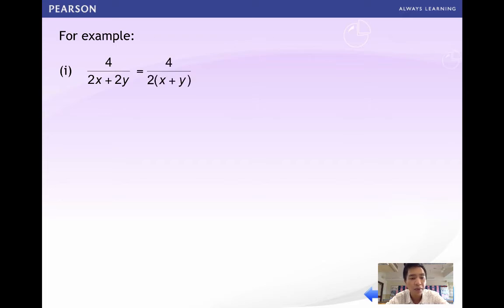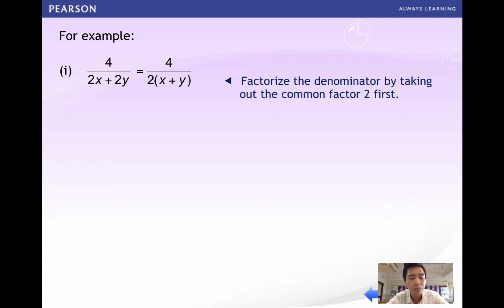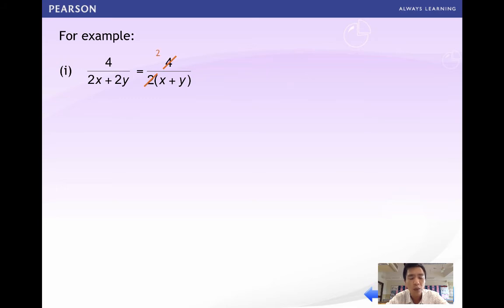So the denominator becomes 2 times the bracket of x plus y. At this moment, you can simplify the numerator and the denominator by cancelling out 2. We have 2 at the numerator and the denominator is 1 times the bracket of x plus y. So this is the simplest form. That means the answer is 2 over x plus y.